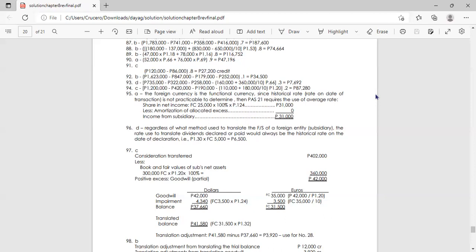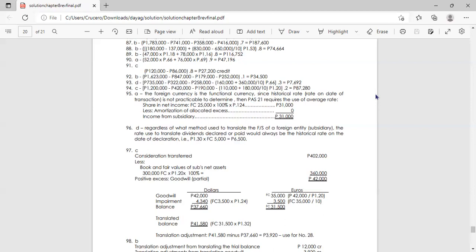Then for numbers 95, 96, 97, and 98: Incorporated, a Philippine company, acquired 100% of the common stock of a foreign company on January 1, 2025 for 402,000. The foreign subsidiary's net assets amounted to 300,000 foreign currency units on the date of acquisition. On January 1, 2025, the book values of its identifiable assets and liabilities approximated their fair values.